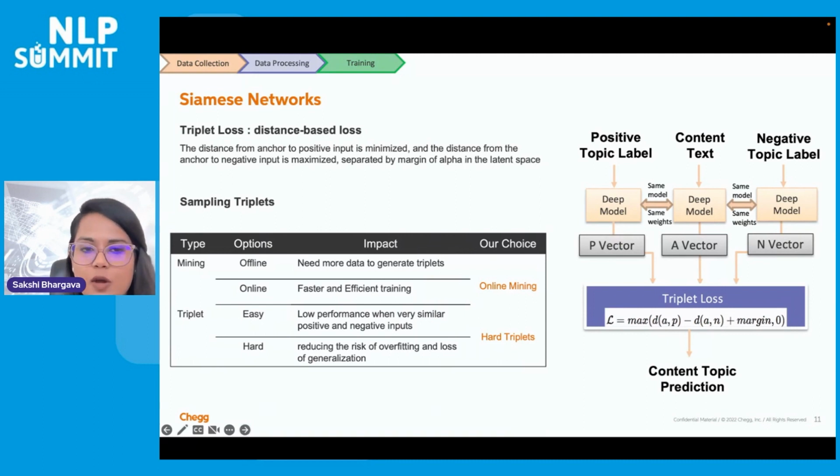Then the other option is, while you are training, you can negative sample from the training examples present within your batch. So this form of sampling or negative mining or mining of the triplets is called online mining, and it generally leads to faster and efficient training with lesser data.